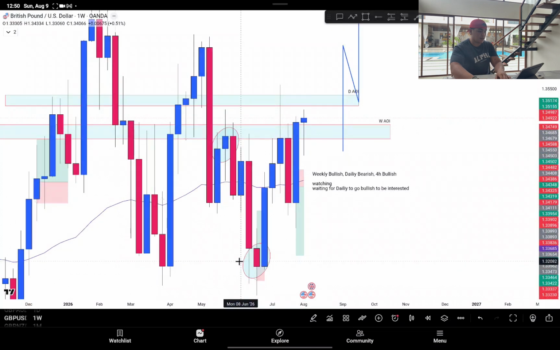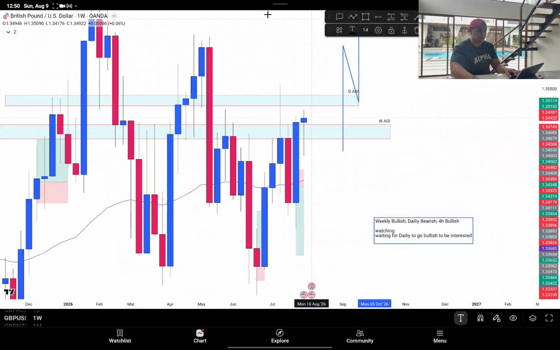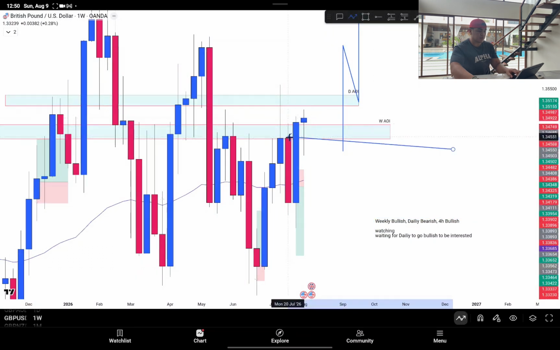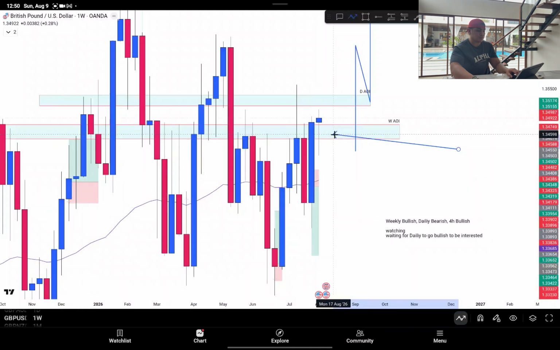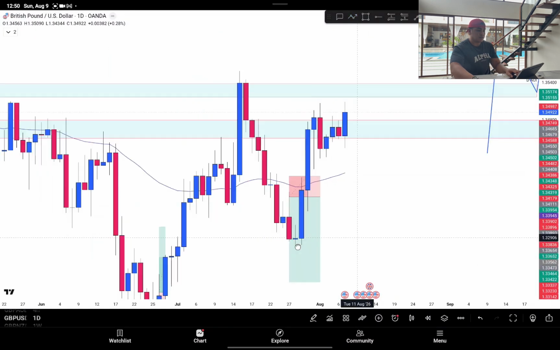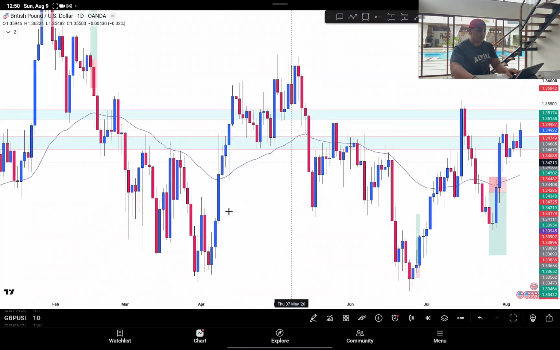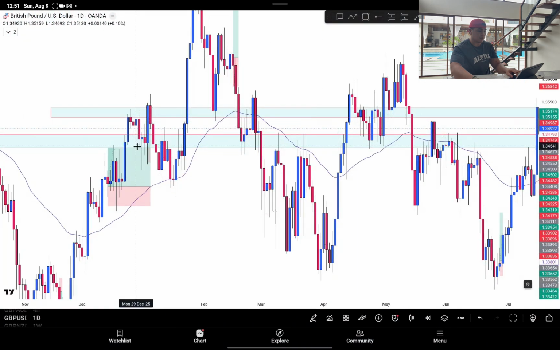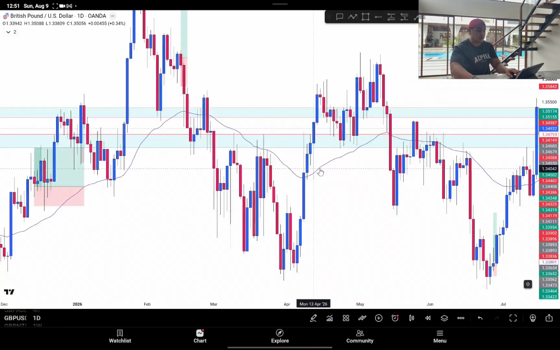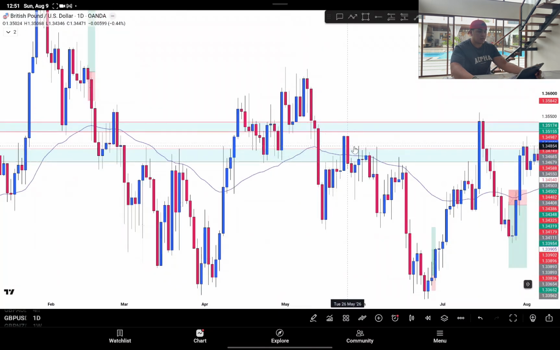Right after it retested this previous structure point and the neckline, market closed like a bullish pin bar, giving us an indication that there is bullish pressure on this spot. The only thing here is market reached this consolidation zone. You can see once market reaches a level, it consolidates. Same as here as well.